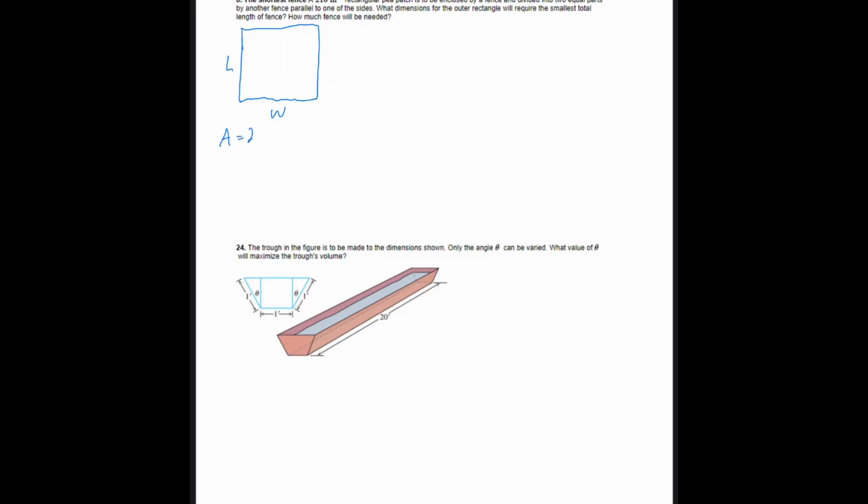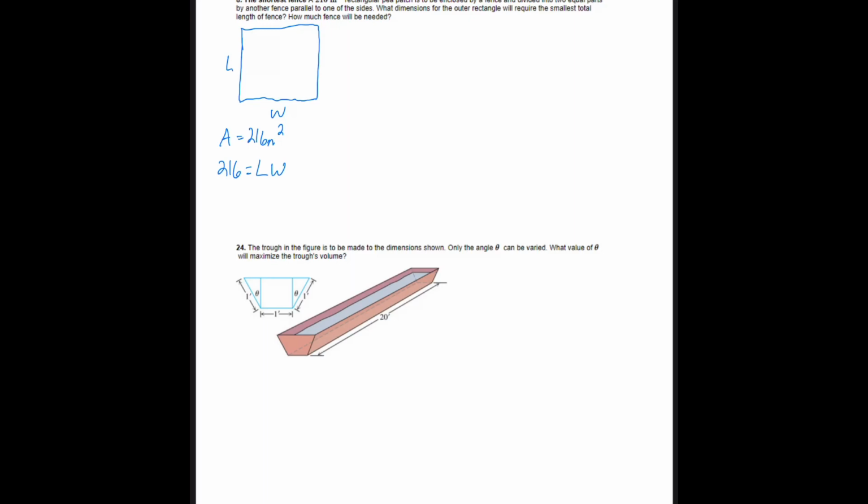Okay, so we have a rectangle that looks like this, something like that. I have a length and a width, and I know that the area is 216 meters squared. So that means that 216 equals the length times the width.